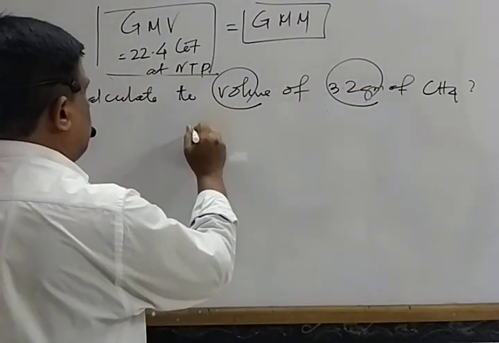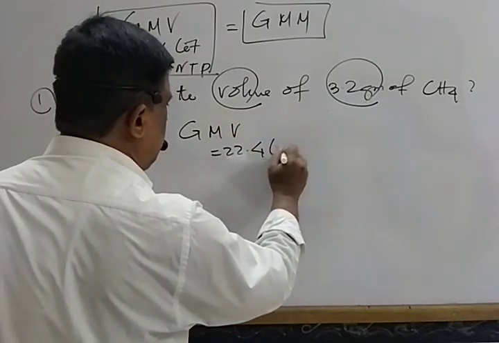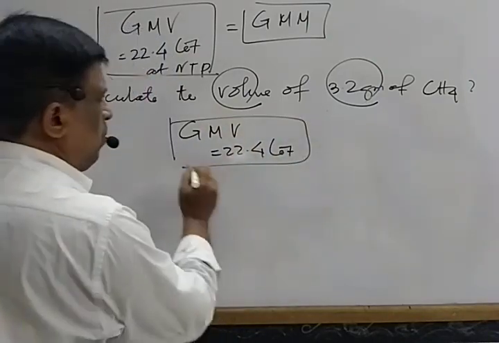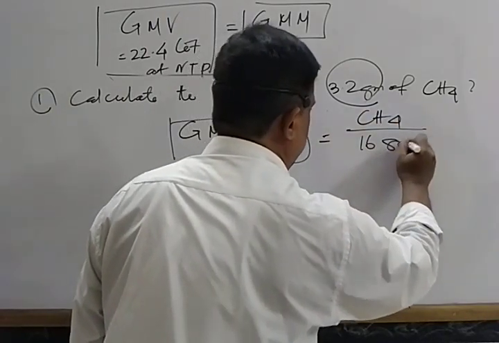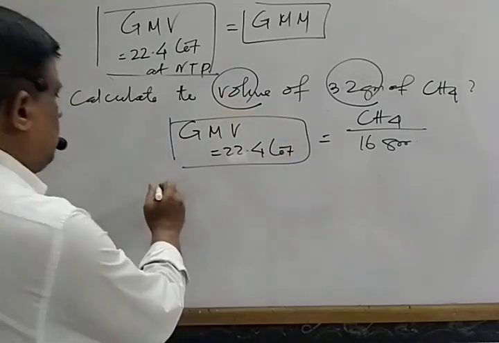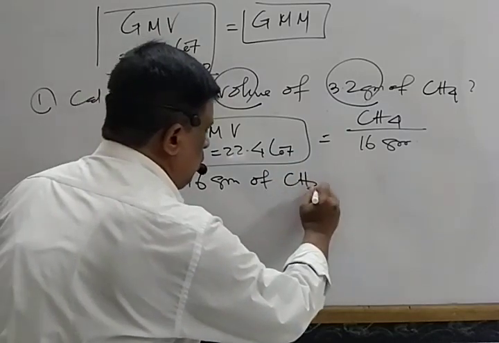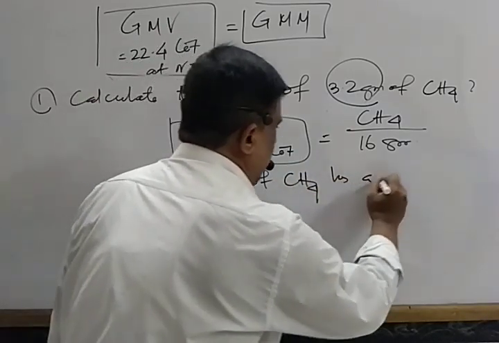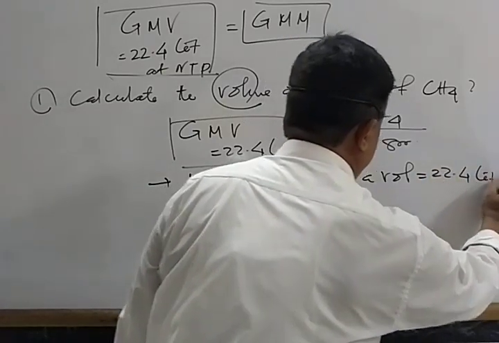The question is volume and mass. That means GMV, that is 22.4 liter, and mass, that is CH4 molecular mass, is 16 gram. So the question is calculate the volume. That means 16 gram of CH4 has a volume of 22.4 liter.